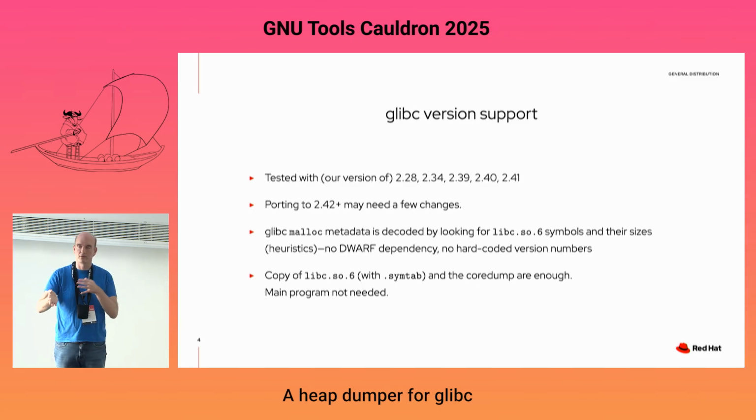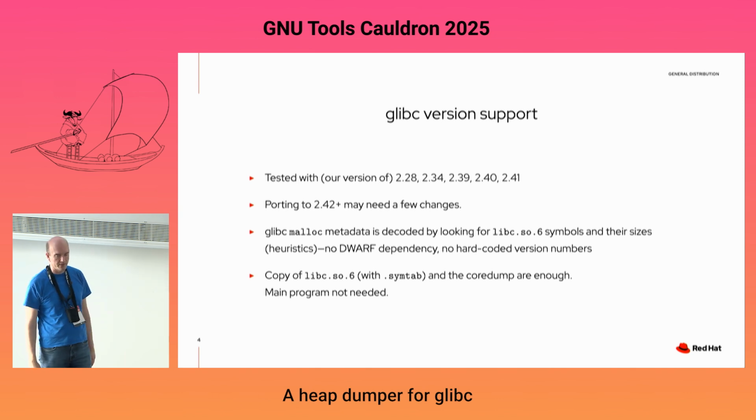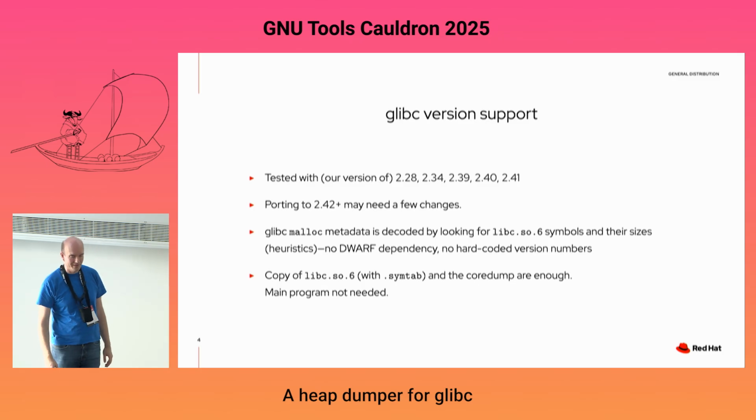Because the symbol sizes and so on change, the tool is able to figure out, okay, I'm running on a version that doesn't have T-cache hardening using pointer swizzling, for example. So it still works even if the backports are kind of funky.